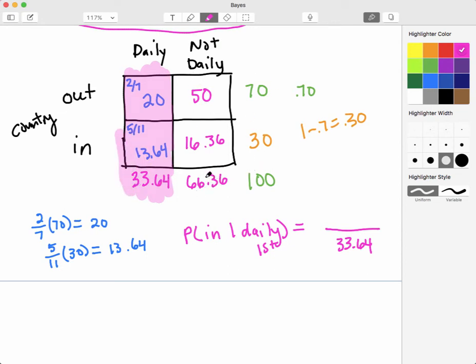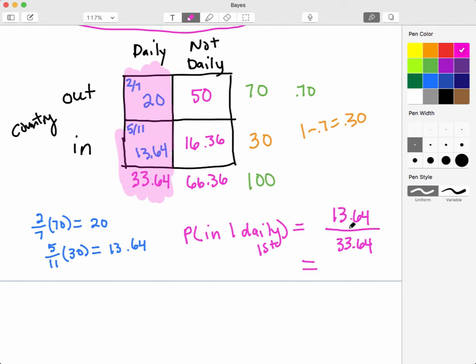It doesn't matter. When you condition, you are like putting on blinders and you're only looking at one specific column or maybe one specific row at a time. So I'm looking at the column that is logging on daily, and now I have two choices. Someone's either inside of the country or outside. I want to know the chances of someone being inside the country. So we have 13.64 people inside the country.